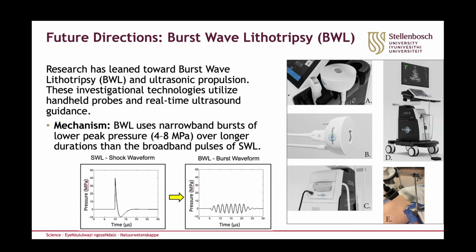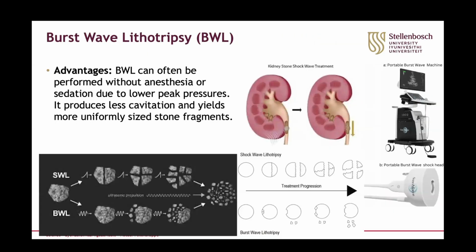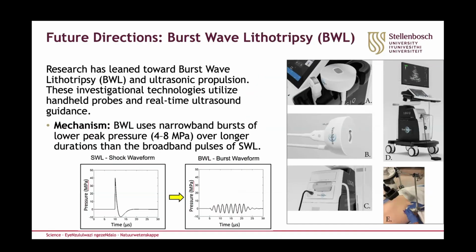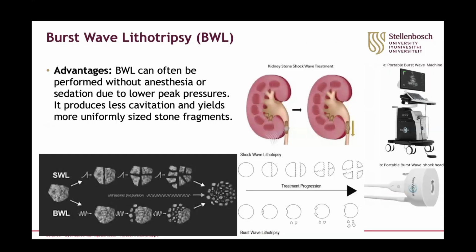Burst wave lithotripsy uses a narrowband burst of low peak pressure, around 4 to 8 megapascals, over a long duration, which is different to the broader pulses seen in shockwave lithotripsy in the classical sense. The advantages are that it can often be performed without the need for anesthesia or sedation due to the low peak pressures produced. It produces less cavitation and yields more uniform stone fragments.